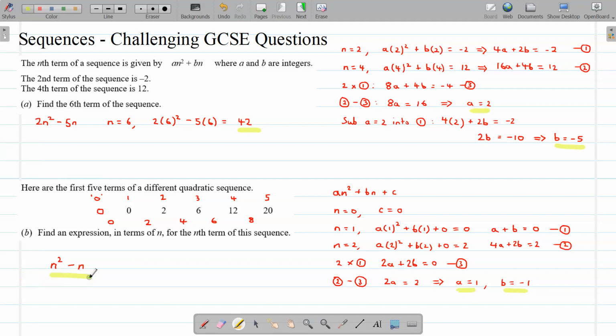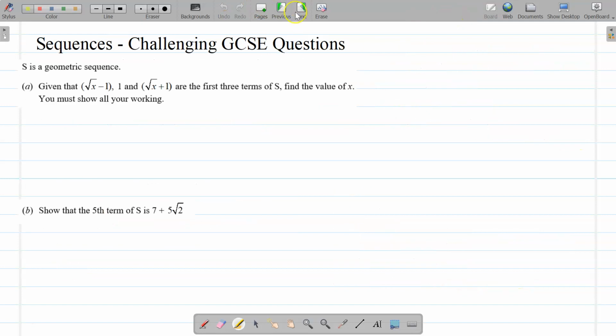And there it is. So that was a question about quadratic sequences, but quite a tricky one compared with some of the questions that you might get. Let's look at the next one. This is an interesting question about a geometric sequence.